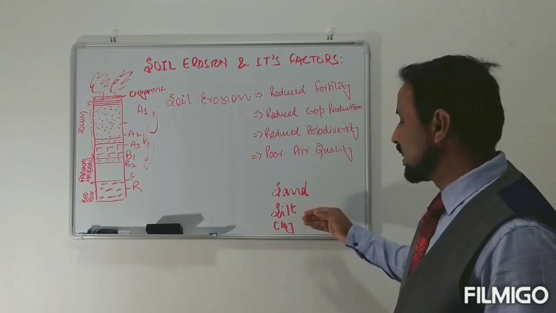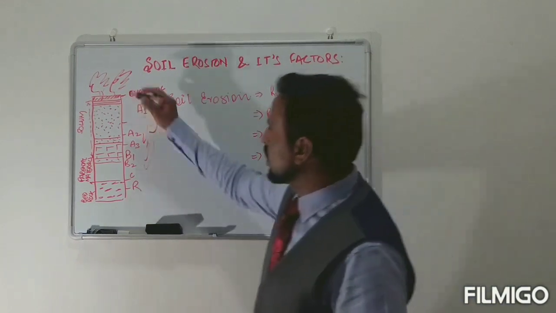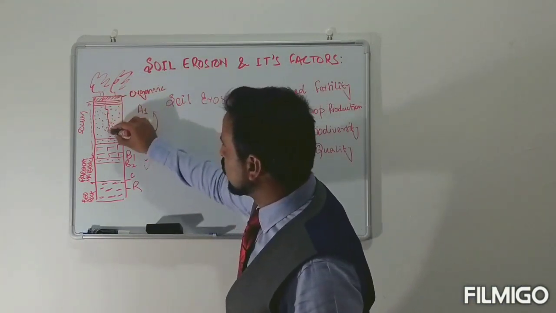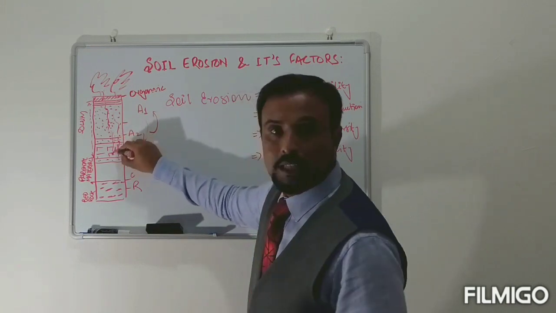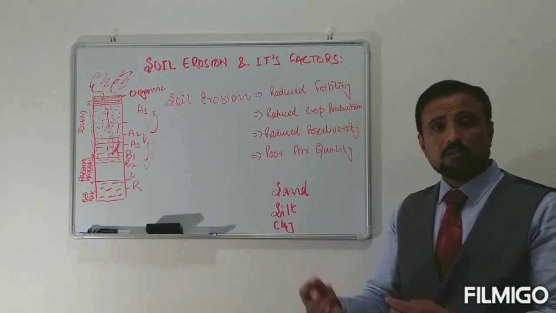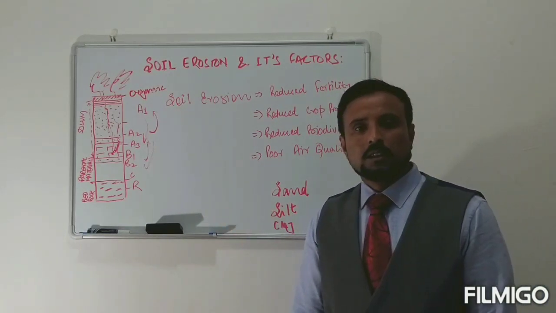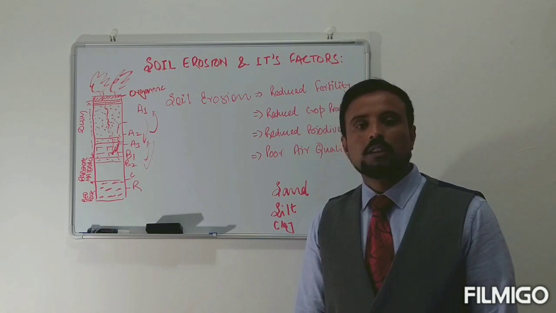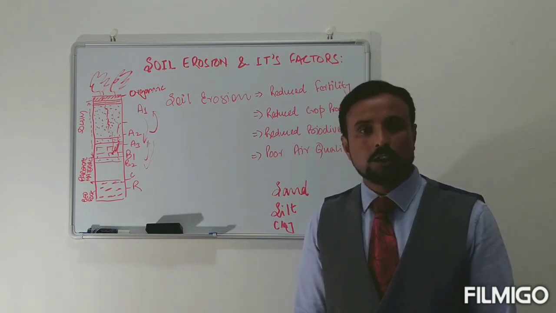These particles: sand, silt, clay, bedrock, right? On these things it depends. Sometimes plant roots go down to the A layer, sometimes to the B layer also, right? So this displacement of the top layer of soil through time is called soil erosion. This is the basic understanding of what soil erosion is, right?